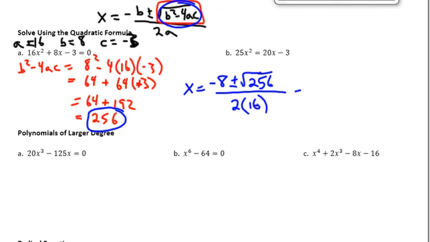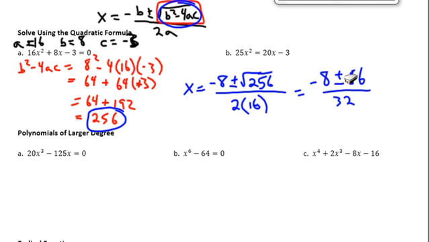So then I simplify, keep going. I've got negative 8 plus or minus the square root of 256, which actually comes out to be 16, so I've got a 16 here. Divided by 2 times 16, well, 2 times 16 is 32.